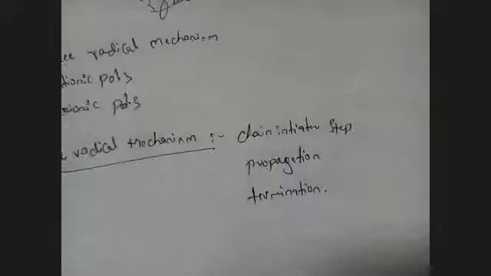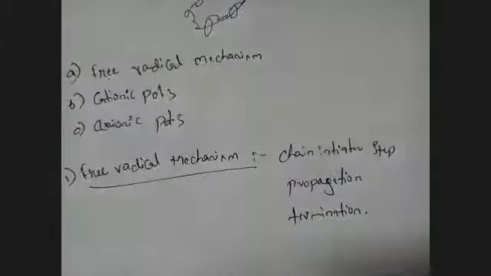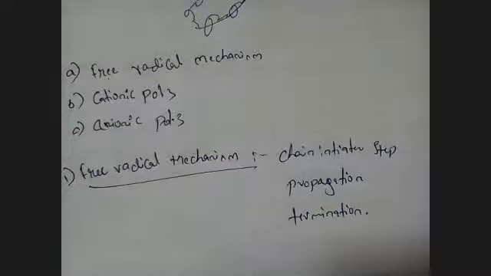If you know this, for cationic polymerization it will be the same, and for anionic polymerization also the same. So in addition polymerization we have three classifications: we can join the free radical, or the cationic polymer, or the anionic polymer. Will you get it?